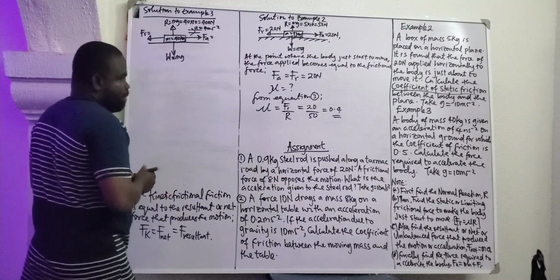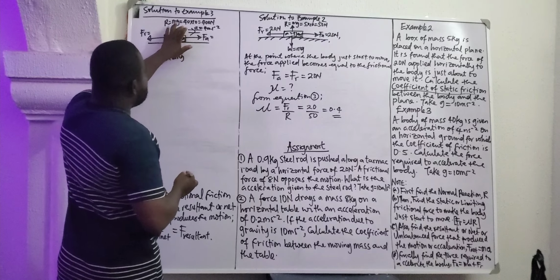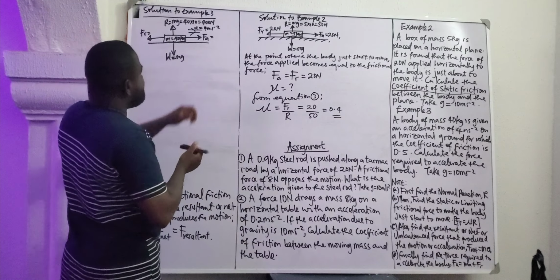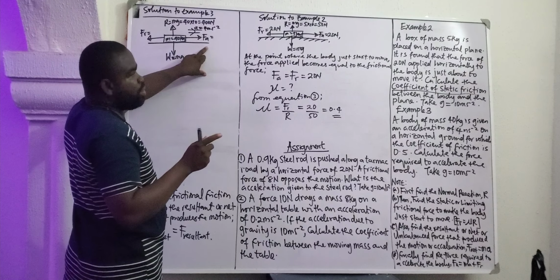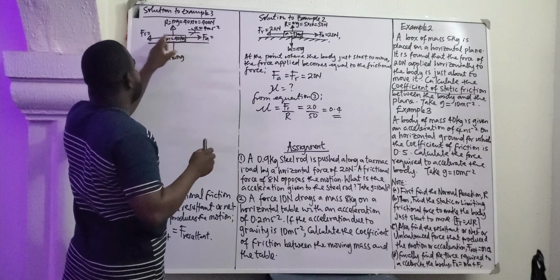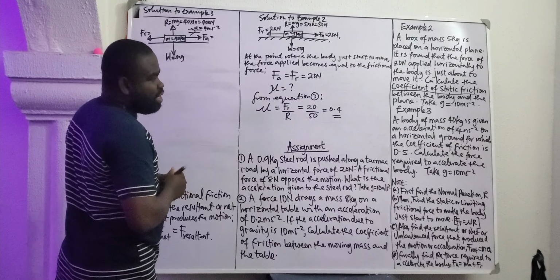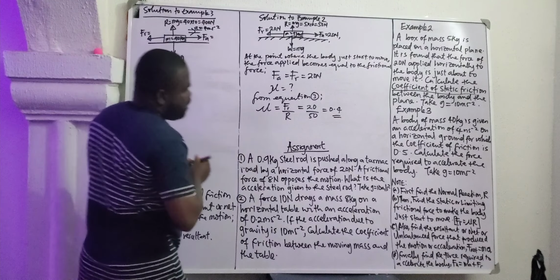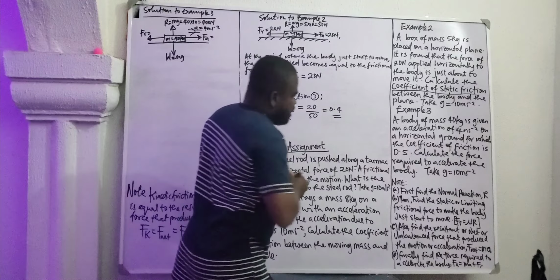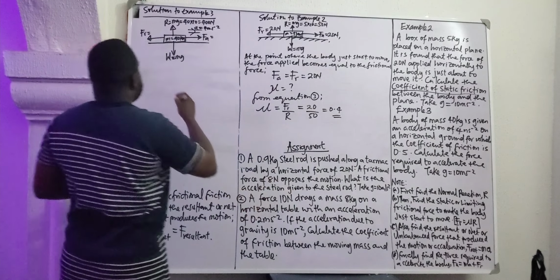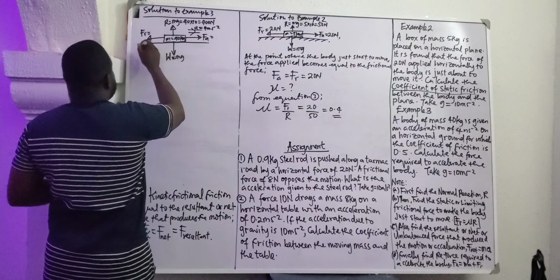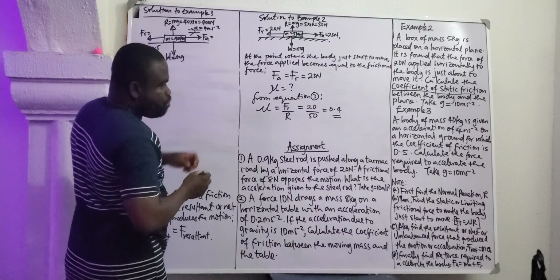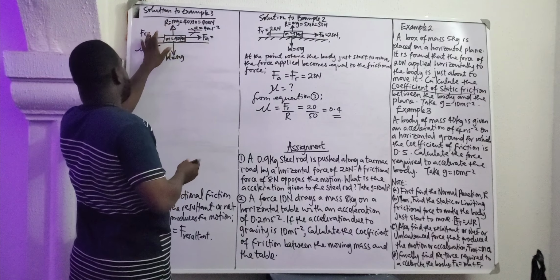So look at the steps I will take. First of all, we determine the reaction, which I've said is 400 Newton. Next, I'm going to determine the static friction. At static friction, I said the force applied will be equal to the frictional force, which means the coefficient of friction given in the question as 0.5. Now, I will use it with the reaction to get this frictional force.